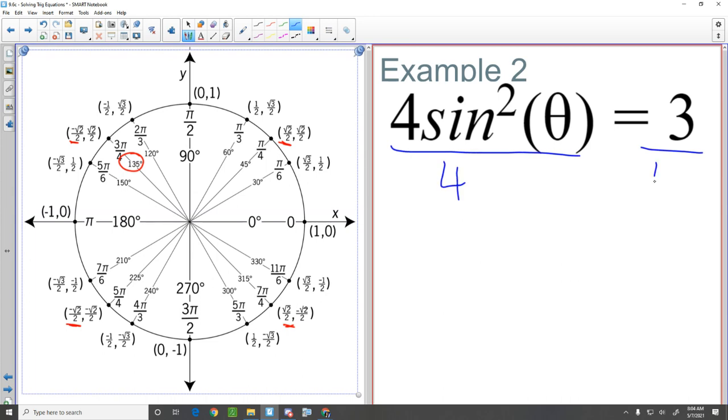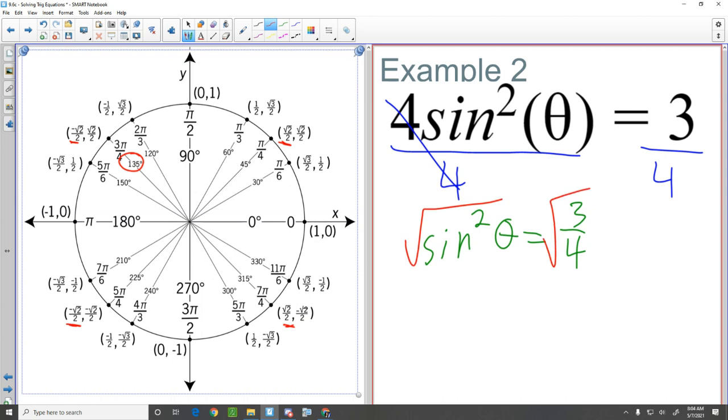We divided by 4. Sine squared is 3 over 4. Since it's squared, we take a square root, so that the square root and the square cancel out.